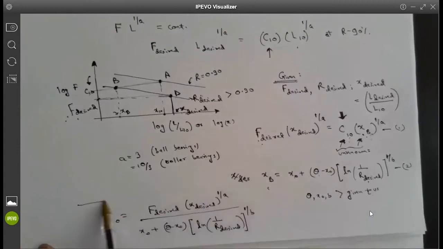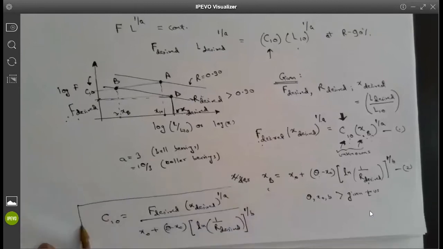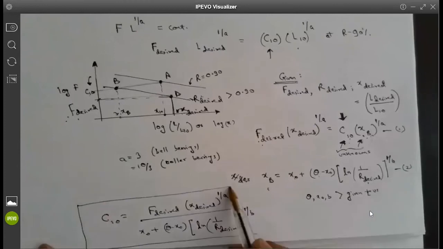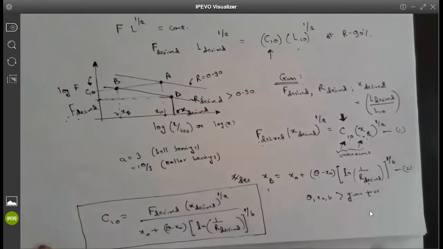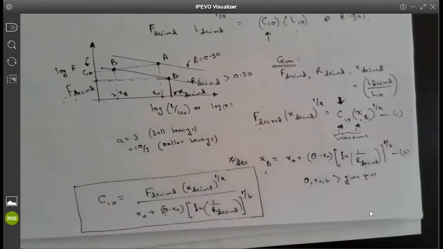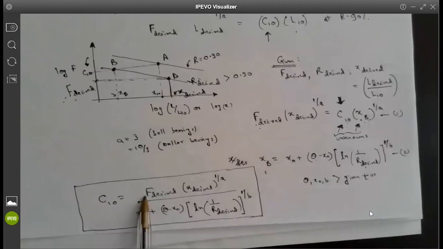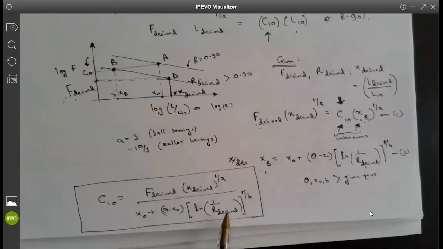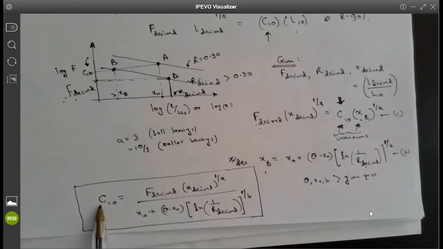This is the final relationship that combines everything about the desired reliability, the load, and the life. If you are given a desired load, desired life, and desired reliability, you can use this expression, plug in the numbers, and get your C10 value.